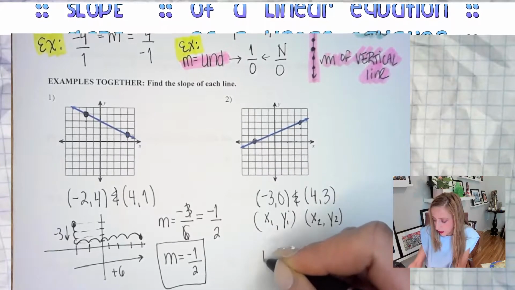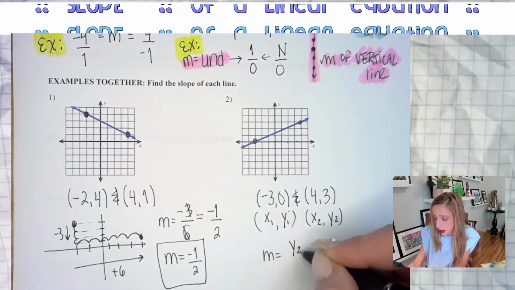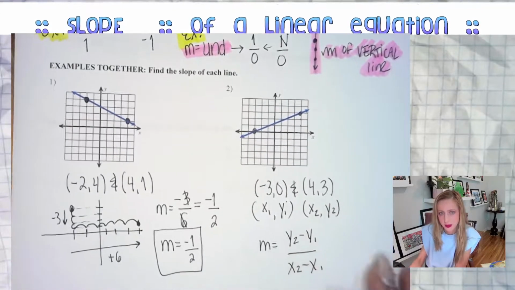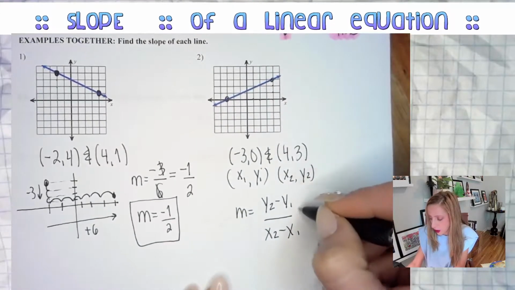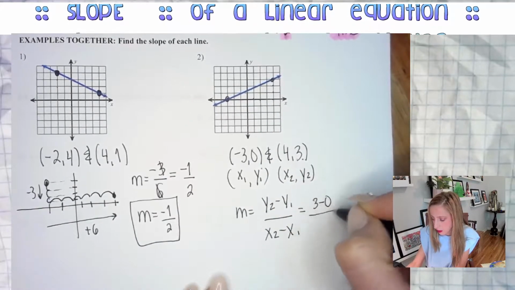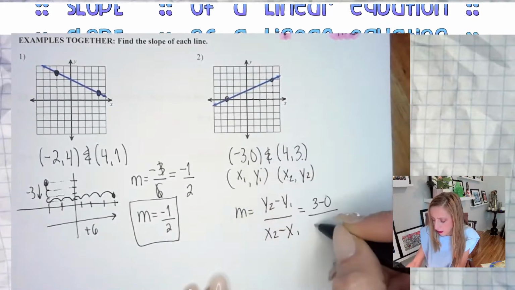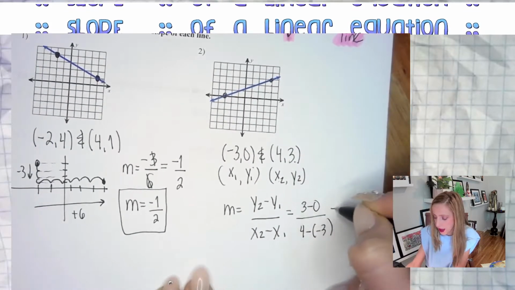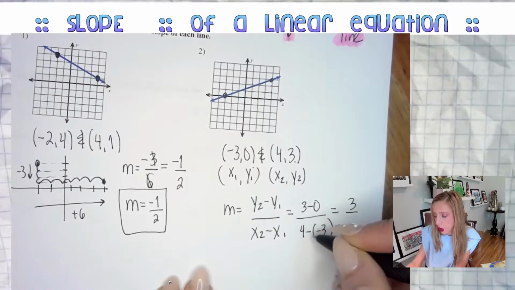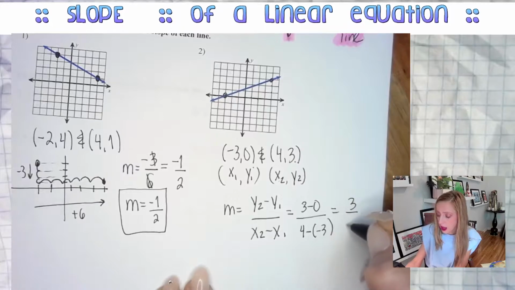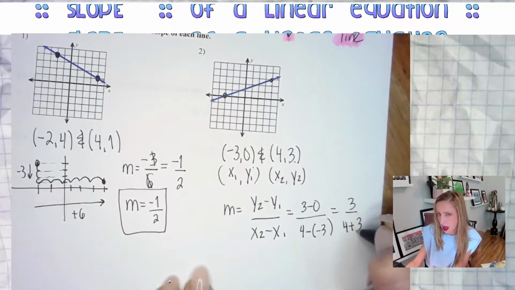From here, maybe write the formula down because you're not a rock star yet. And then we're going to fill in from the formula. 3 minus 0 over 4 minus -3. 3 minus 0 is 3. And 4 minus -3, don't forget your rules, is going to become really 4 plus 3.